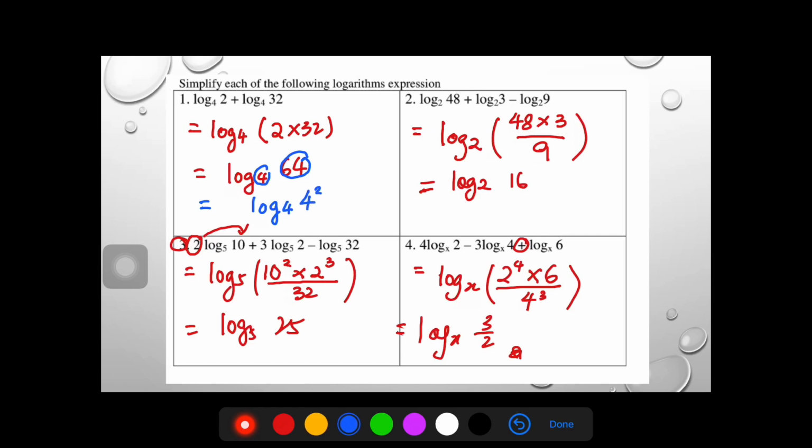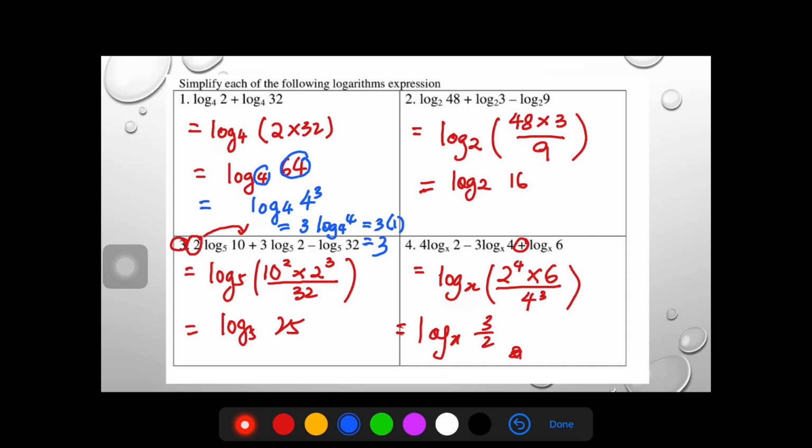According to the law of logarithm, this power 3 can bring to the front, become 3 log 4, 4. And as long as the base and the number are same, they will always equal 1. So this one is 3 multiplied with 1. The answer is 3.